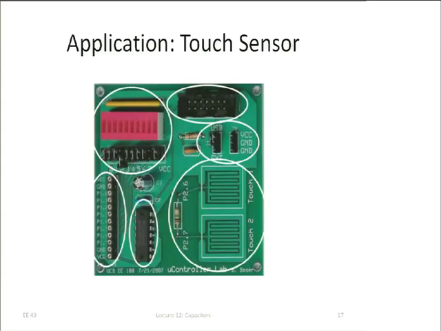The touch sensor is one of them. You're going to build this one in the lab, but if you have a smartphone, then of course you know that you can touch the screen and you can move around. Hey, that's a capacitive sensor. So here, if you put your finger on top, the capacitance between these fingers changes, and we can measure that. And you'll do that again in Lab 6.